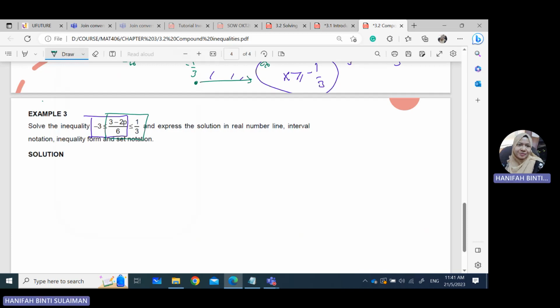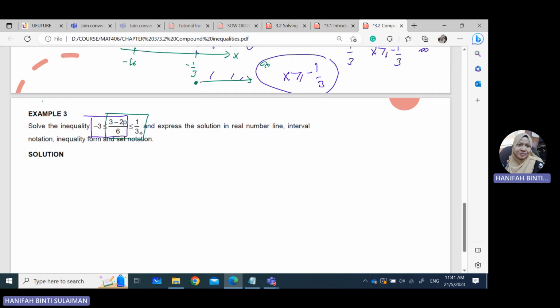So kita buat (3 minus 2P)/6 is greater than or equal to negative 3 and (3 minus 2P)/6 is less than or equal to 1/3.